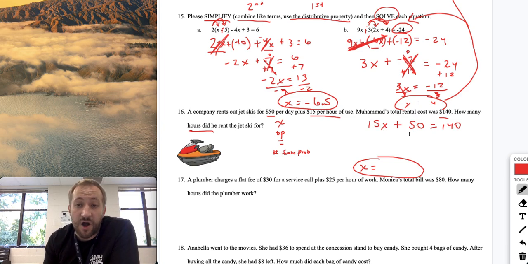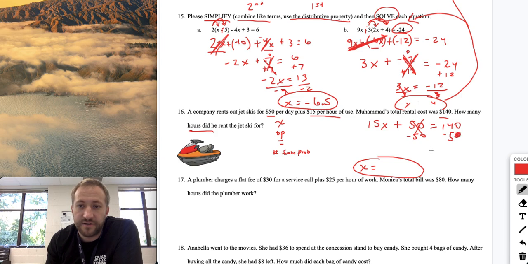So step number 1, always eliminate the constant. I'll subtract 50 from both sides. Now I'm left with 15x equals 140 minus 50, that's 90. I have to get that x by itself, so I'm going to divide both sides by 15.